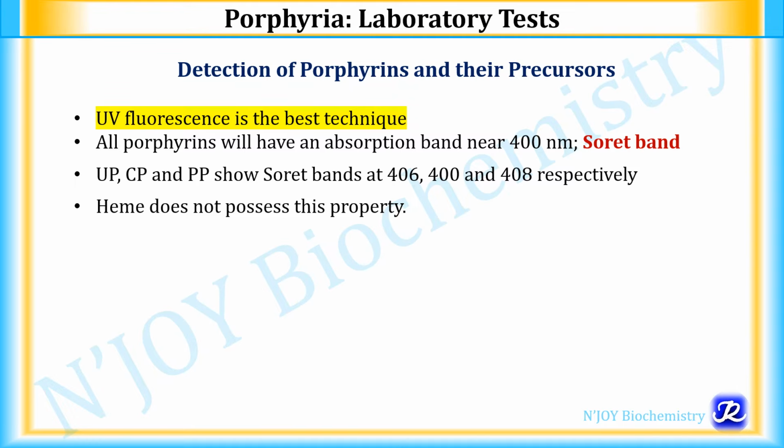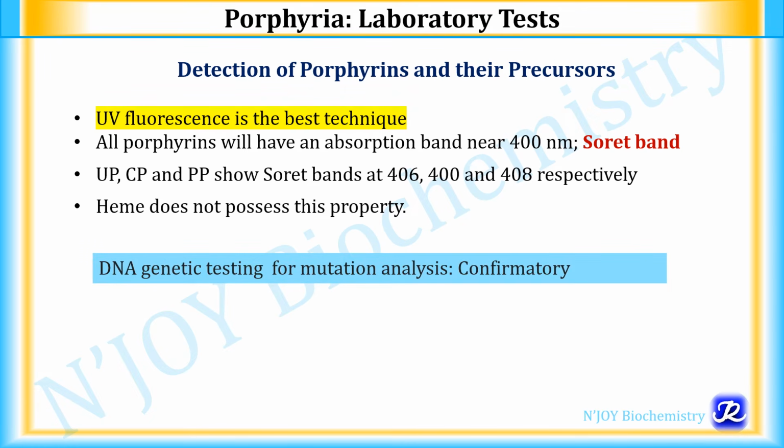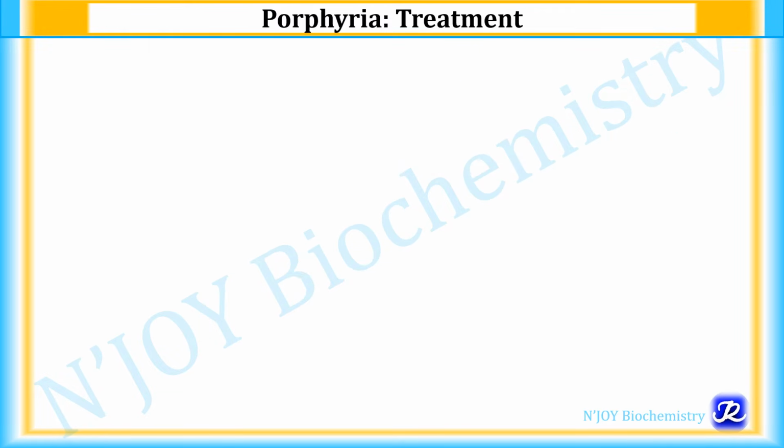So this is the technique for detection of porphyrins and to differentiate various types of porphyria. But the confirmatory test of porphyria is genetic testing, that is mutation analysis. Coming to the treatment in porphyria in general, porphyrias can be induced by various precipitating factors.